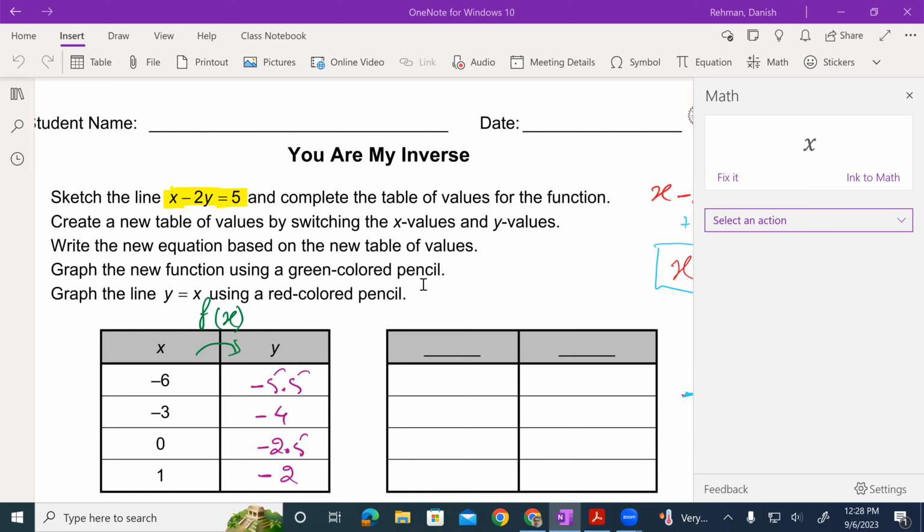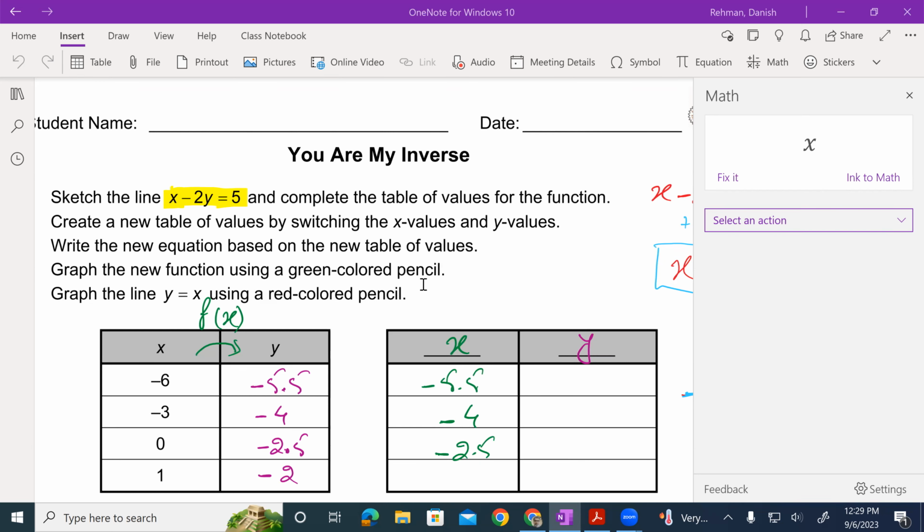Now, what I'm going to do, I will switch the values of x and y. I will keep the x here. I will keep the y here. But what's happening now? Look at this carefully. Don't miss this part. I will bring in the values of y in the place of x. What's the next value? -4. What's the next value? -2.5.